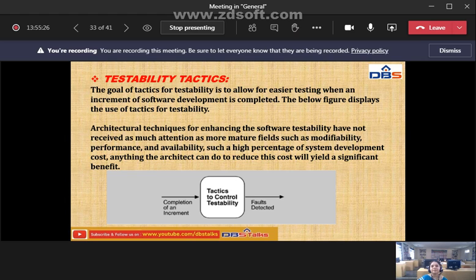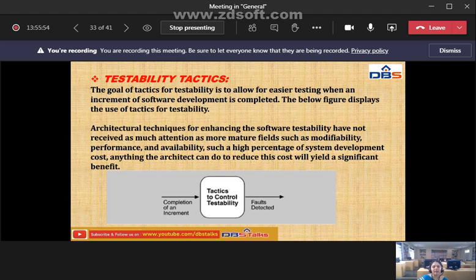Next, the architectural structures for enhancing software testability have not received as much attention as more mature fields such as modifiability, performance and availability. Testing is a high percentage of system development cost, so anything the architect can do to reduce this cost will yield a significant benefit.